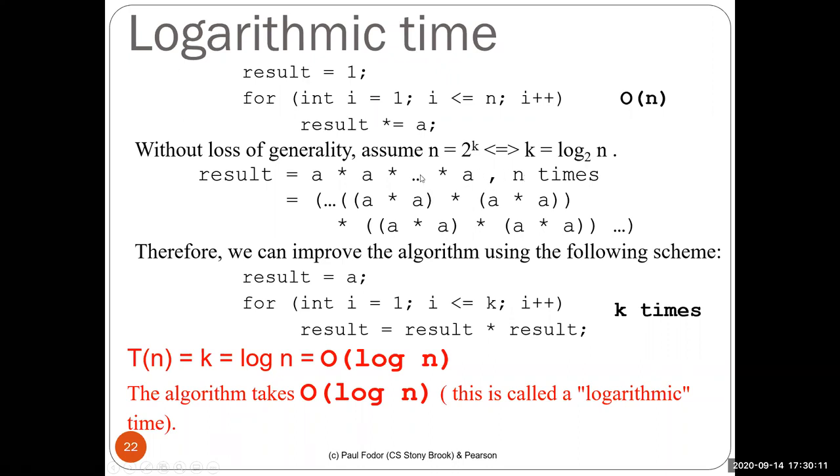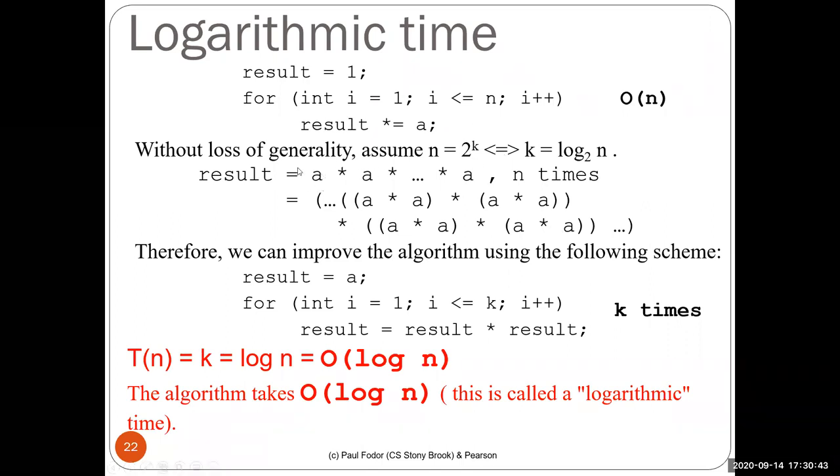But without any loss, you can group these a's. You can group a multiplied with a in one product, then multiply that with itself. So you get a times a times a times a. Then you can multiply that number with itself, so again you get a to the power 4 multiplied with itself, and so on. But there is a better algorithm that we can do for such a case.